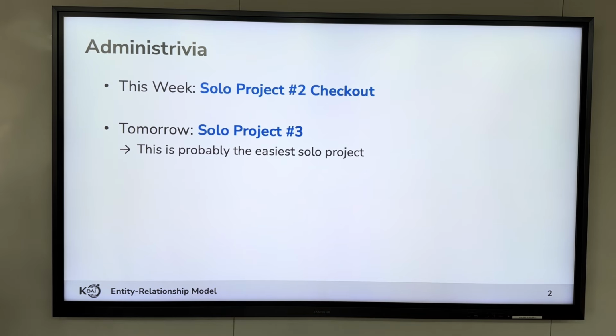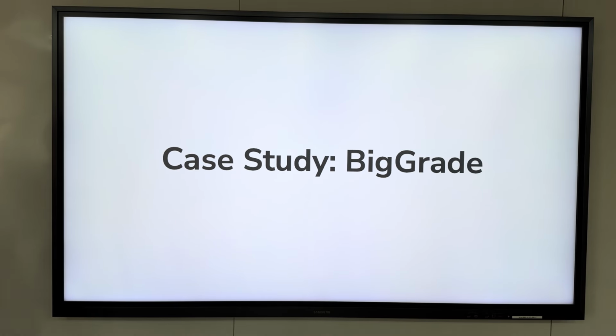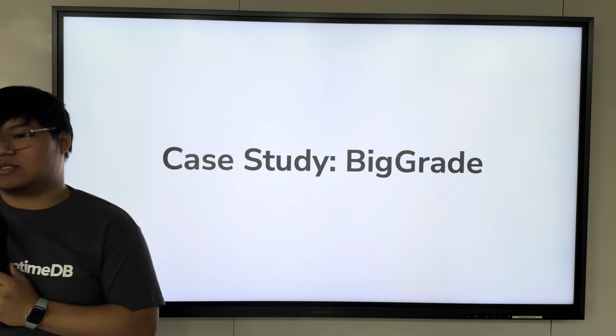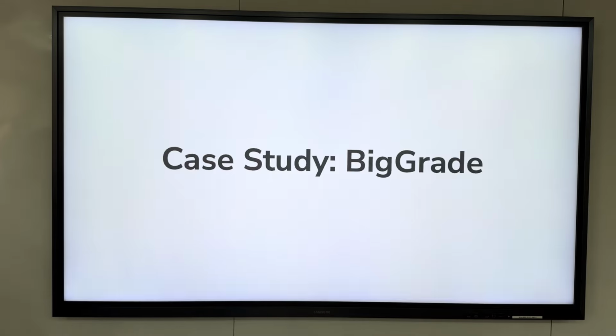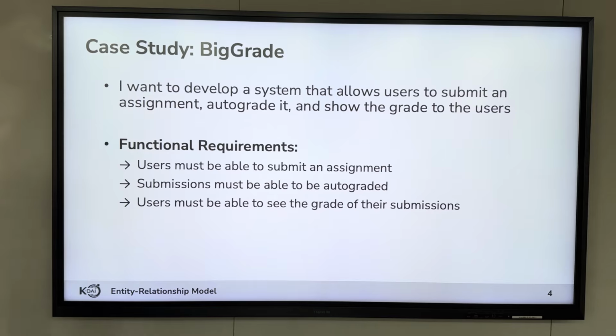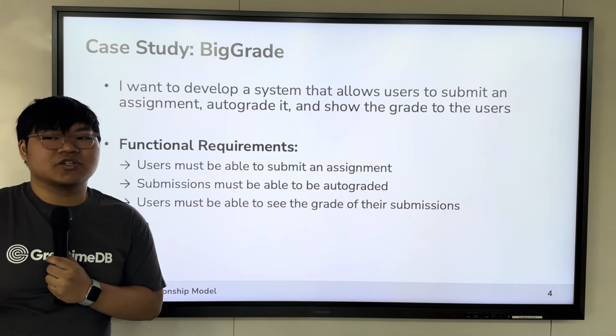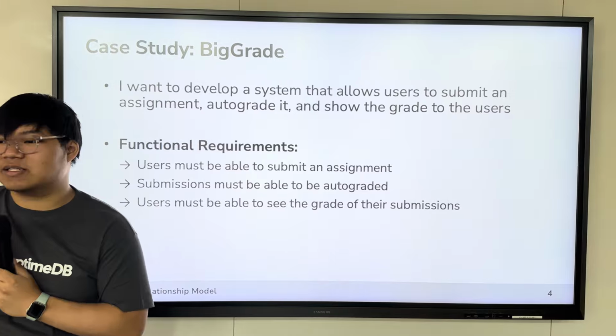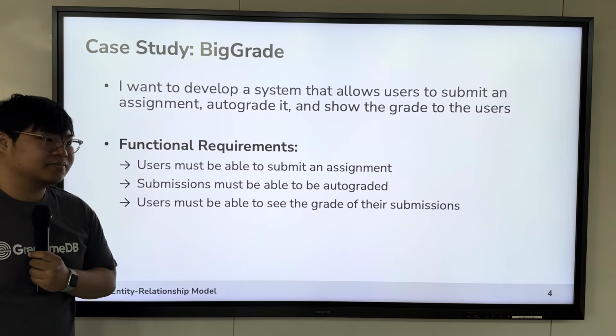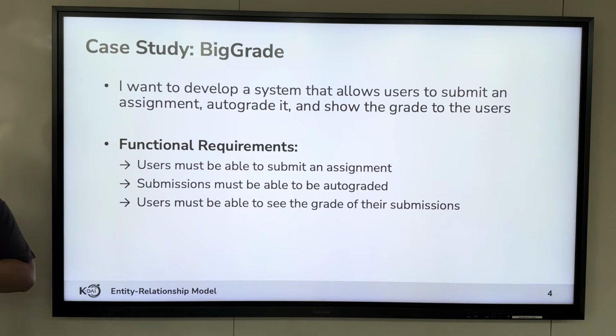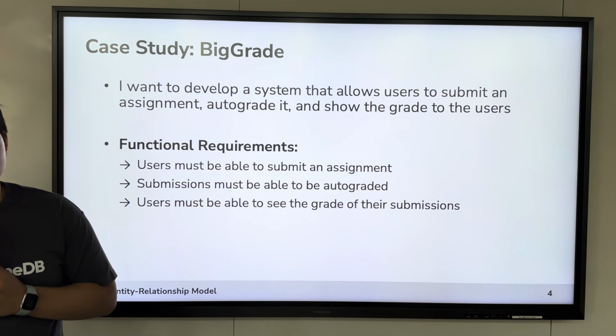So before we get through this, let's talk about the big picture in technical terms. Before I taught you programming last semester, say I want a system that allows you, students, to submit an assignment, have it auto-graded, and show the grade to the users.